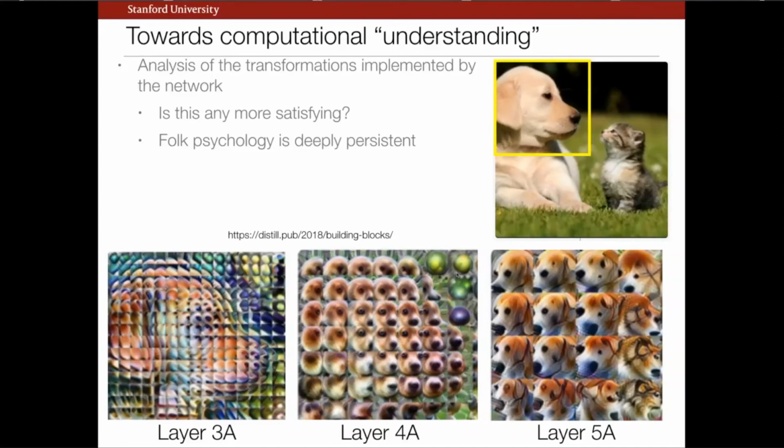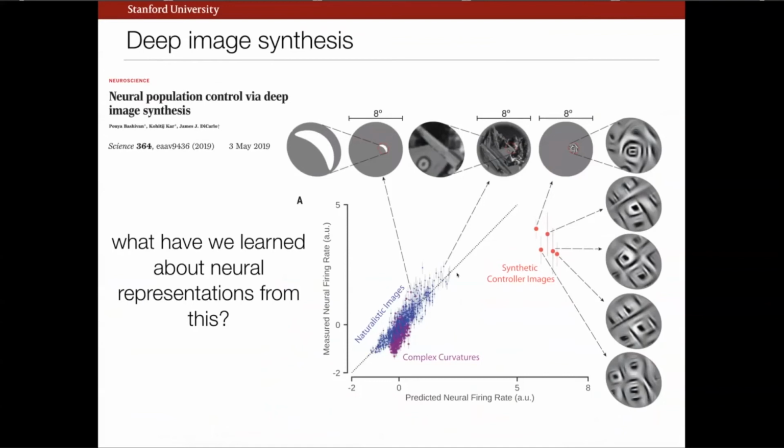I think this is really clear from this recent, really amazing work by Jim DiCarlo's group on what they call deep image synthesis, right? The idea is you do this sort of closed loop modeling, finding images that can cause a particular neuron to fire much more strongly than any of the many different natural scenes that they try.